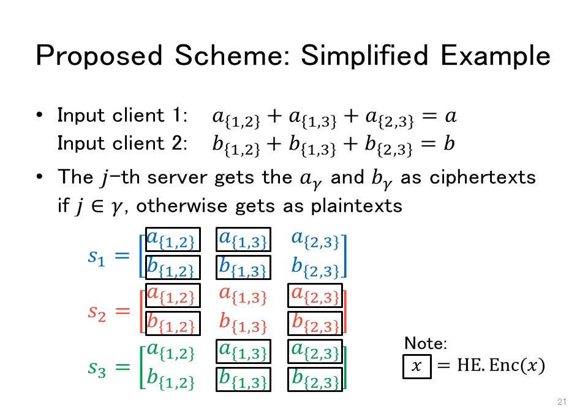In the first step, input clients generate their shares. Inputs A and B are divided into 3 parts corresponding to each non-access set. The sum of the shares is equal to A and B. Next, the shares are distributed, where server j gets the shares A_gamma and B_gamma as ciphertext if j is in gamma. Otherwise, it gets them as plaintext.